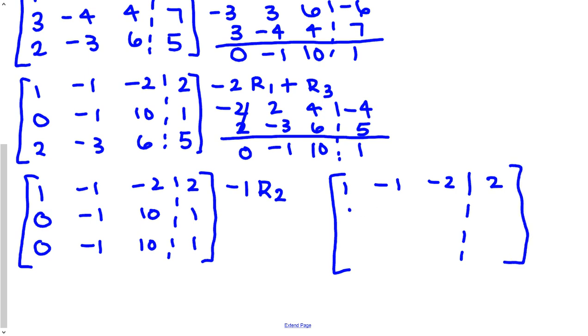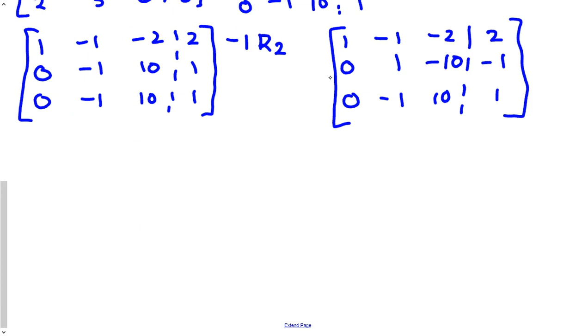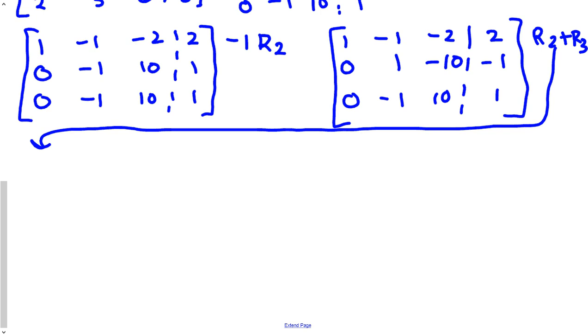So then 0 times negative 1, negative 1 times negative 1, 10 times negative 1, 1 times negative 1. Now I want this negative 1 to be 0, so we're going to take row 2 and add it to row 3.